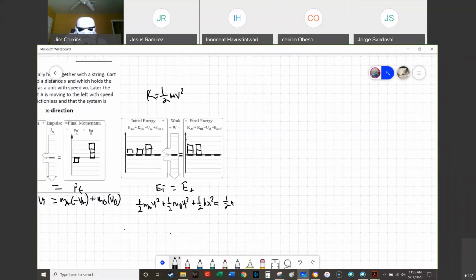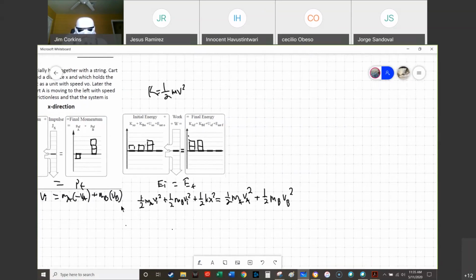This is equal to 1/2 mA VA squared plus 1/2 mB VB squared. This velocity is the same as this speed.